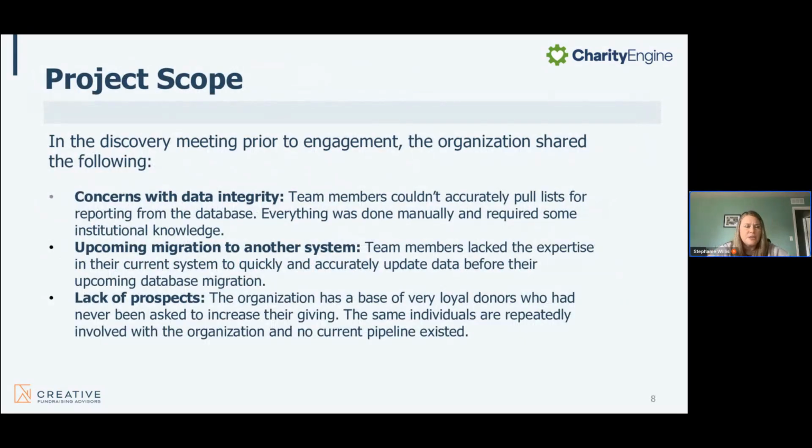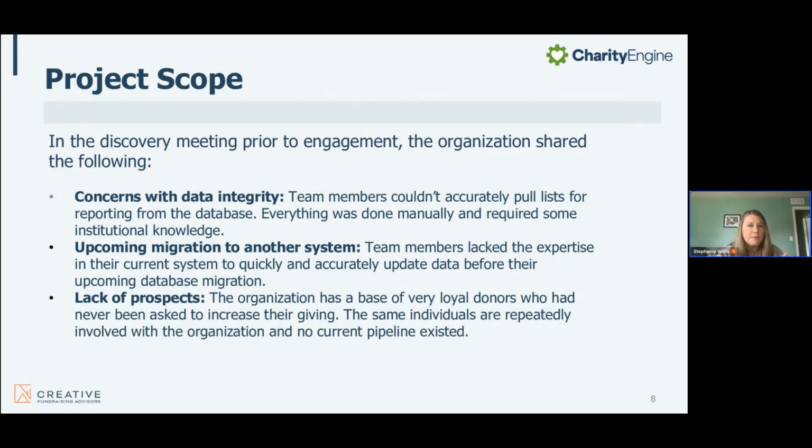In this particular case, I always like to have a discovery meeting. If you're in your organization, think about how you would have a discovery with the people who work there. When I had this discovery meeting, there were three main buckets that I noticed. The first is data integrity.